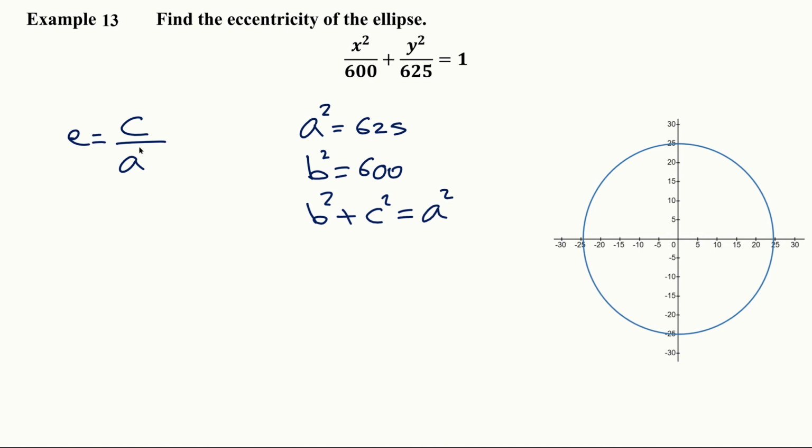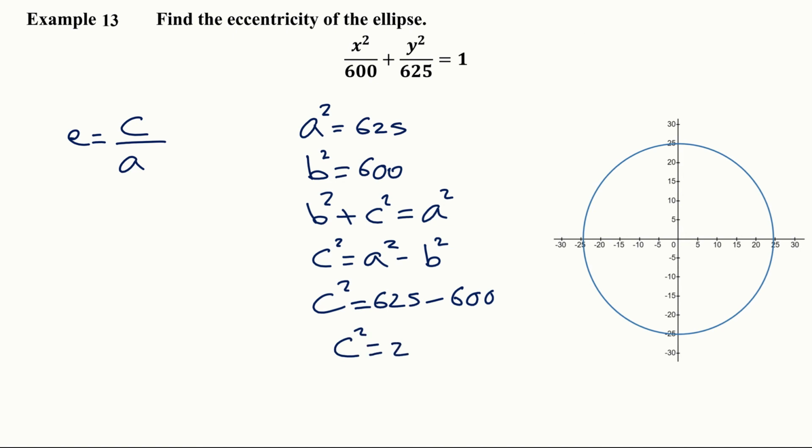Since we're interested in finding c, we're going to solve this equation for c squared. So c squared equals a squared minus b squared, which is 625 minus 600. So c squared equals 25. So c will be the positive square root of 25, or 5.